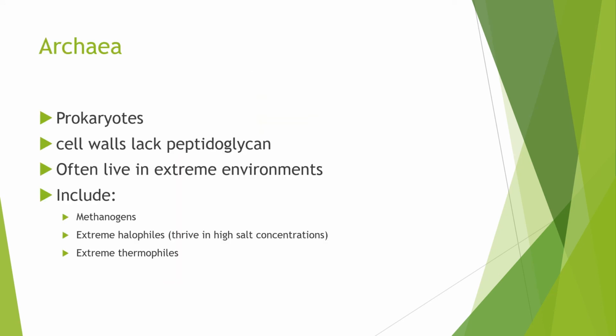Next, let's discuss Archaea. Archaea are also considered prokaryotes. They do have cell walls, but their cell walls don't have peptidoglycan. They're very similar to bacteria, but Archaea usually live in very harsh conditions. They love to live in such extreme conditions.